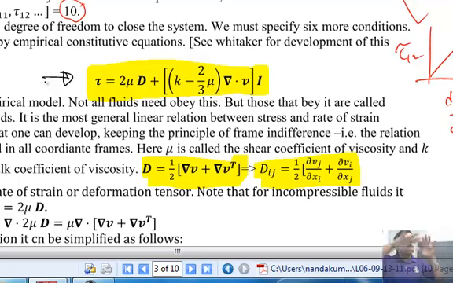So when you write the most general equation, you can write 6 equations and each one will have 6 unknowns, total of 36 unknowns in the most general linear relationship that you can write between tau and D. But we know that these models should be independent of the coordinate system that we use to measure. Okay? So using a series of transformations, and this is done very nicely in the book by Whittaker. I think I probably have given you the reference somewhere. Okay, yeah, C. Whittaker for development of this expression.